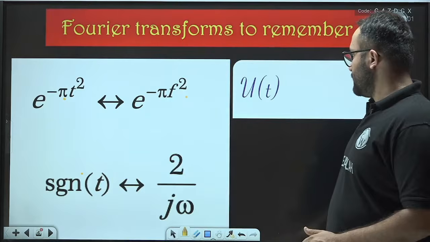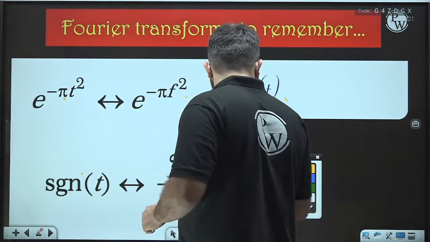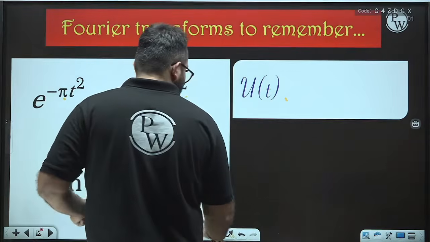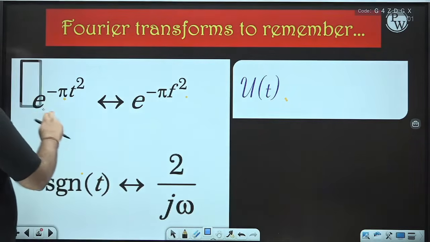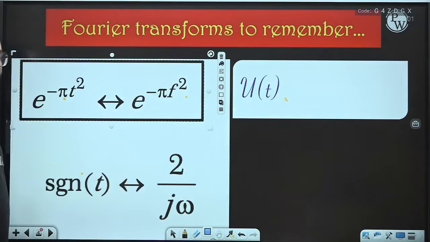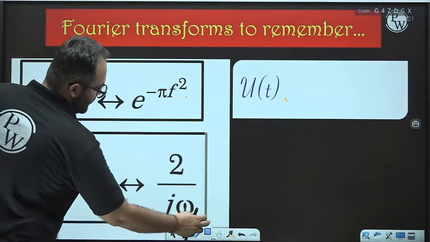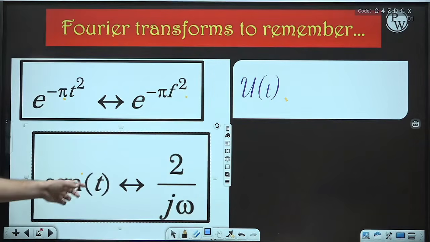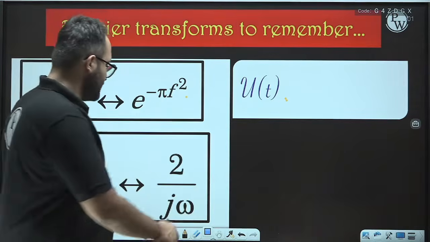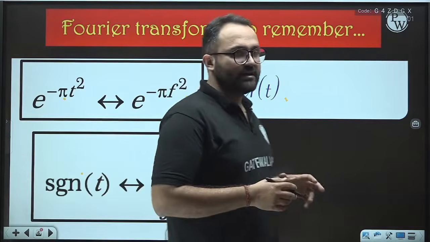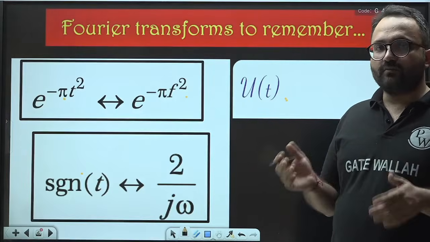And ut. So these three results you have to remember. These three are very important results. That is e to power minus pi t square has e to power minus pi f square as a Fourier transform. Signum t has Fourier transform 2 upon j omega. We will use this in the Hilbert transform. And ut has the Fourier transform... Since ut is not absolutely integrable, we cannot use the formula.